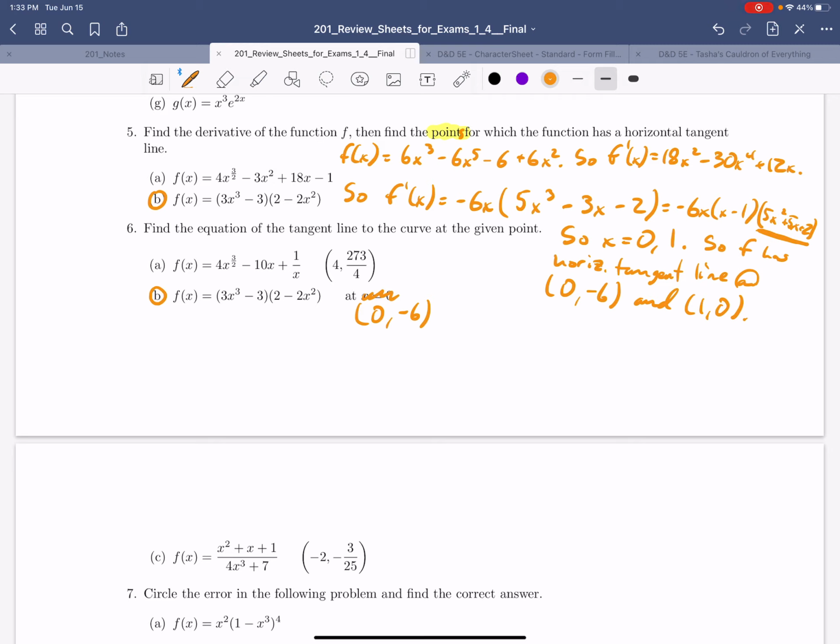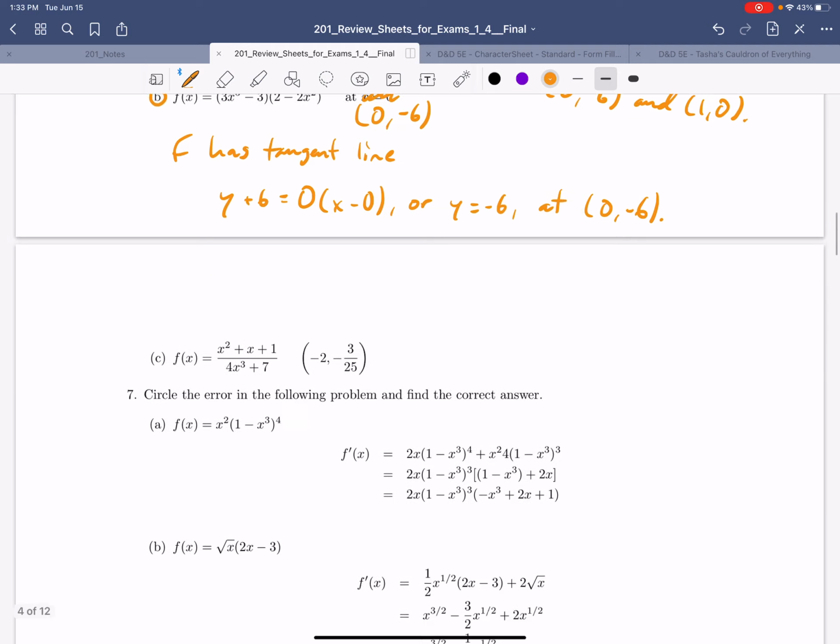So f has tangent line y minus y1 equals m times x minus x1, or y equals negative 6 at the point 0, negative 6. Okay? So that's how you do it.